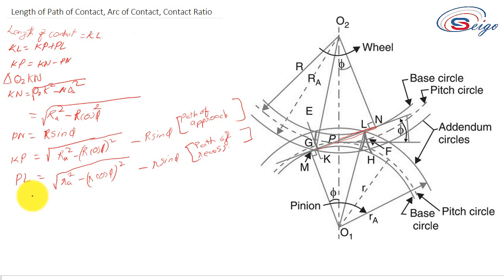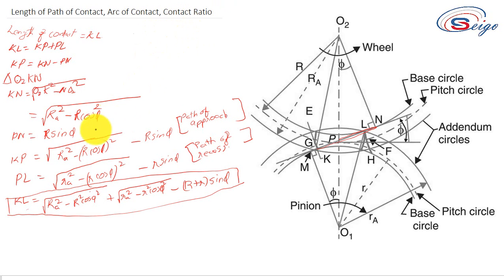So the total length of path of contact, KL, is equal to root of RA square minus R cos phi whole square plus root of ra square minus r cos phi whole square, minus capital R plus small r, times sine phi. This is the total length of path of contact.